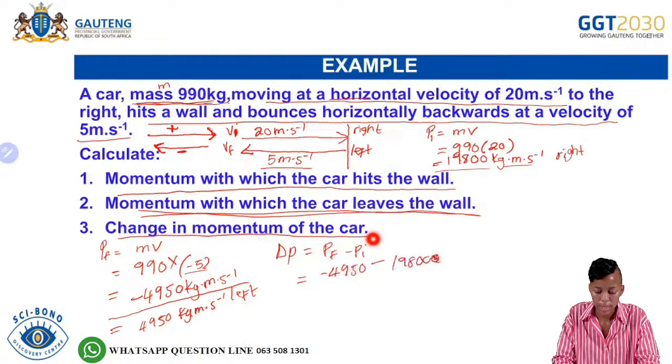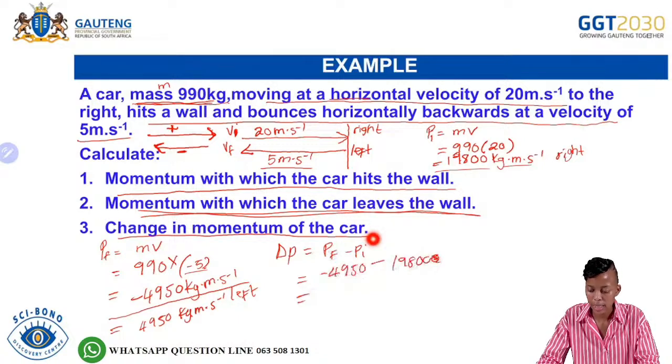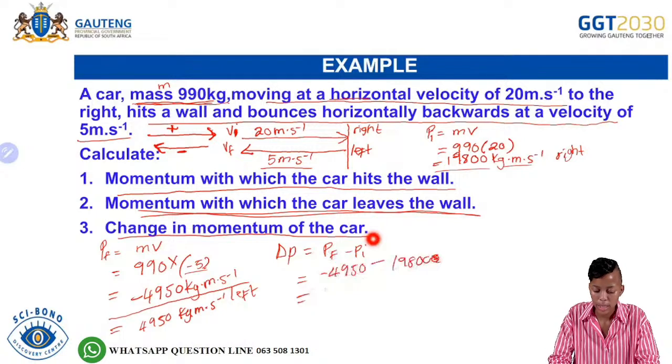It was 19,800. So you are going to punch this into your calculator: -4,950 minus 19,800. What does it give you there? I'm getting -24750 kilograms meters per second.